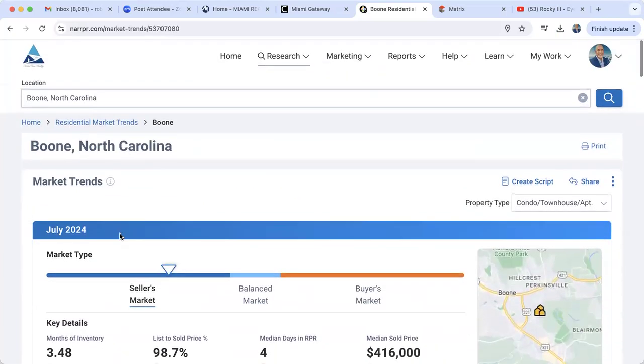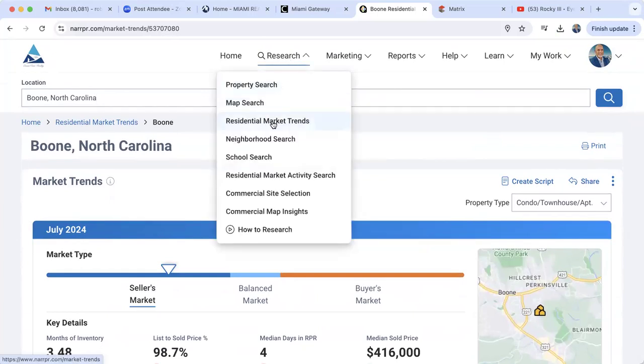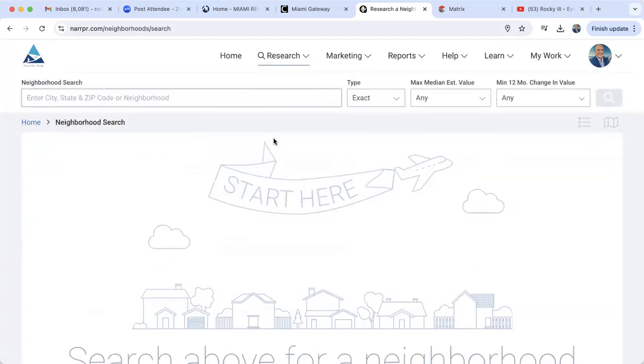All right. You guys can run all types of reports. Now, I'm going to click on research. That was market trends. Now, let's say you want to know more about a specific neighborhood, right? Let's say you've got someone relocating to Coconut Grove. And Coconut Grove is a neighborhood in the city of Miami with its own zip code, which is 33133.